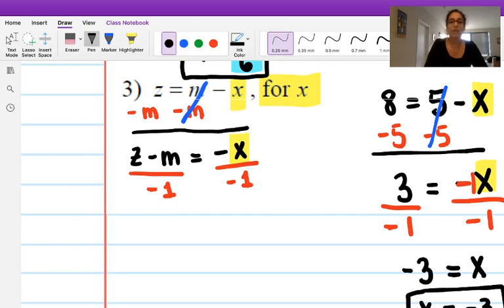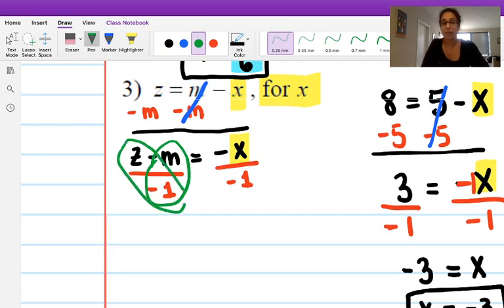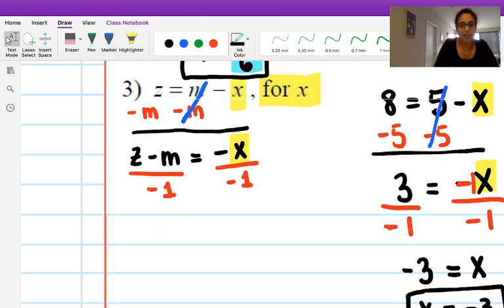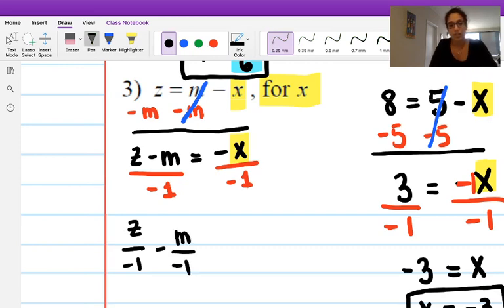So when we divide two numbers that are being added or subtracted together, what I like to call the heart method is you divide this by it and this by it, that same number. So what I'm going to do is I'm going to rewrite this as z divided by negative 1 minus m divided by negative 1, or negative m divided by negative 1, right?